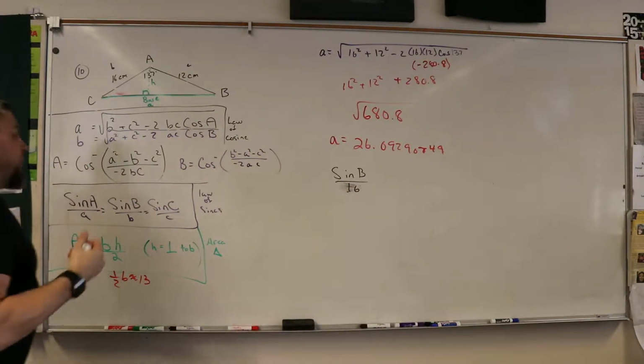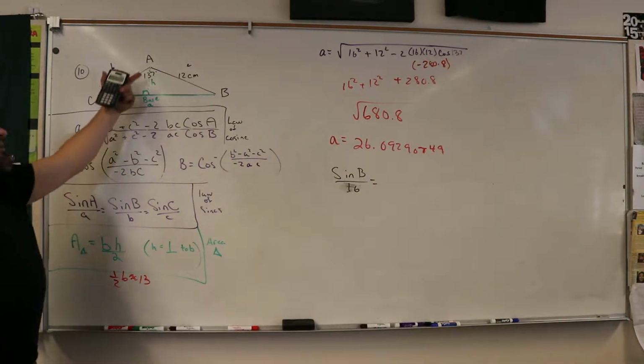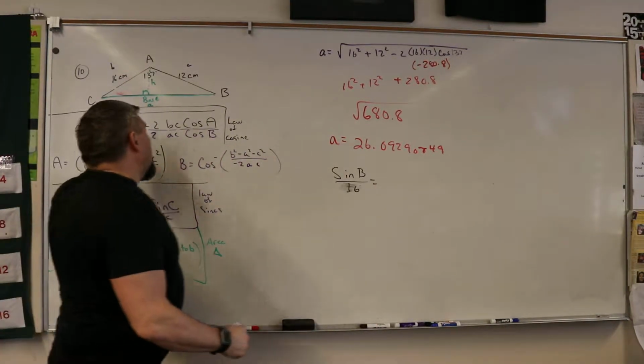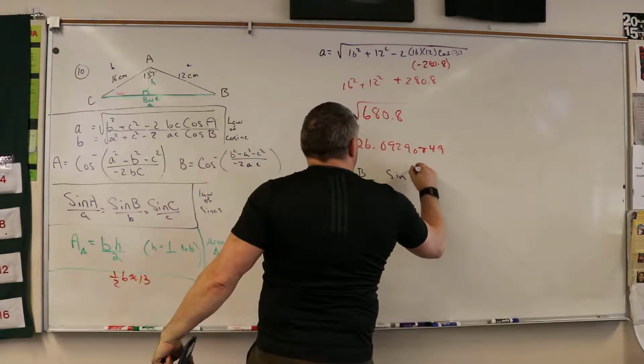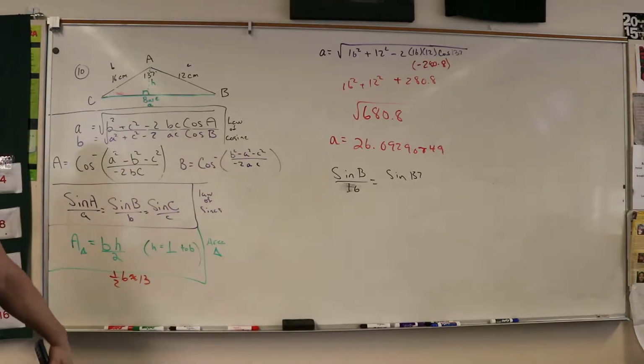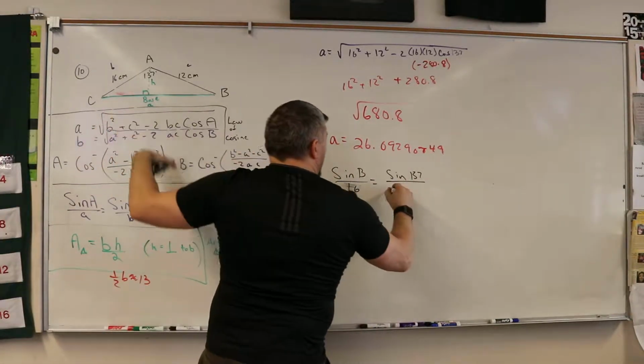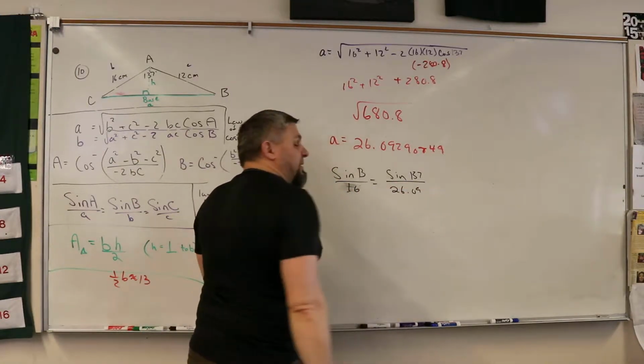Now, that equals, and now we have A, right? So the sine of A, which is 137, the sine of 137 over, what is A? 26.09, right?